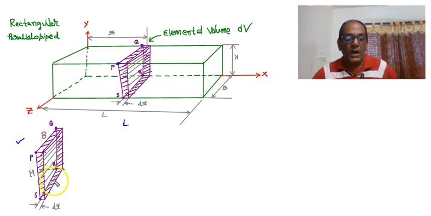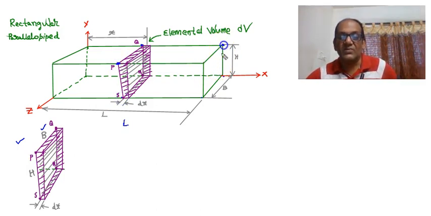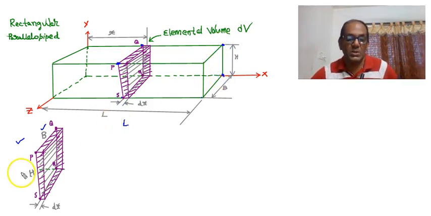PQRS is one face, and you have another face at a distance of dx. We can very clearly see that PQ is equal to length b, that is what we have shown here, and PS, distance from here to here, is h, that we have shown here. And thus we can write the elemental volume as bh times dx.